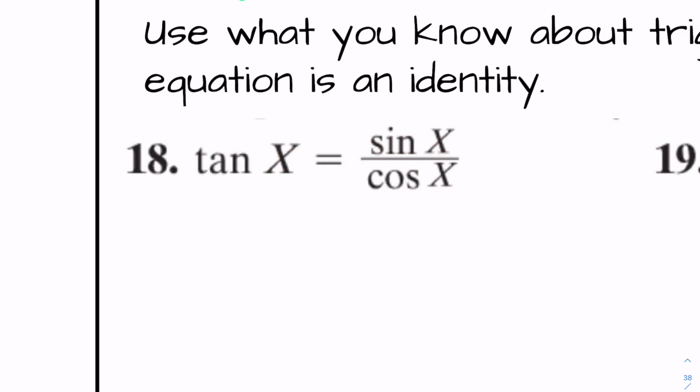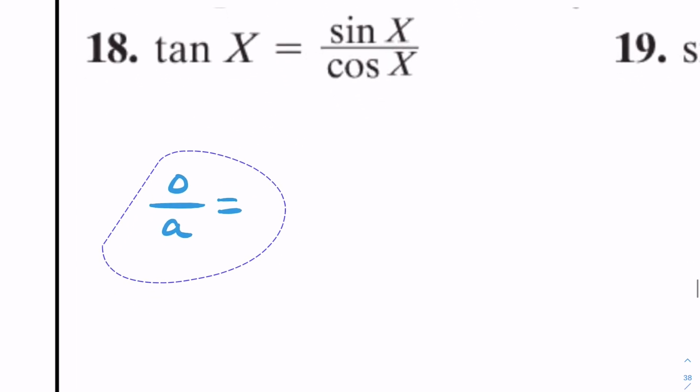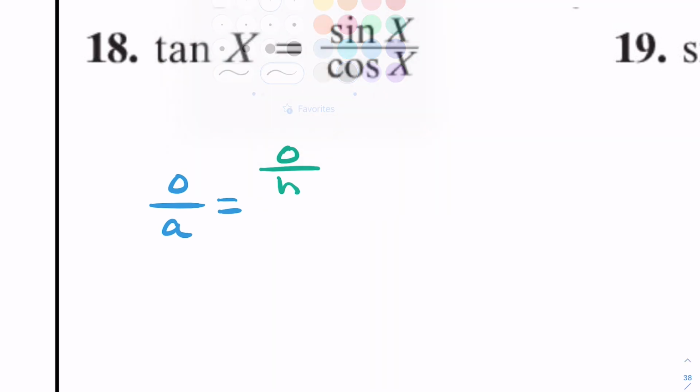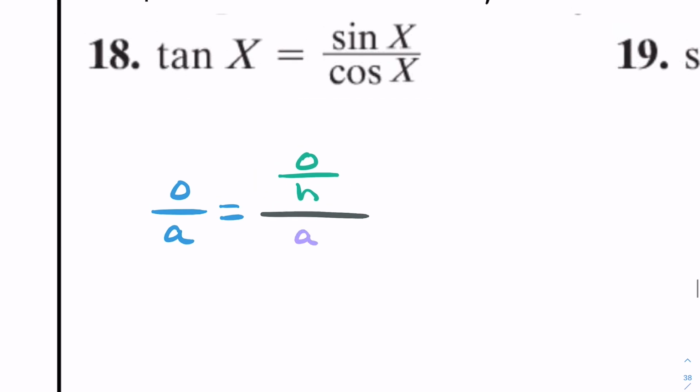What is tangent? Tangent is the opposite over the adjacent. And here, what we have is sine, which is opposite over hypotenuse. And then we have cosine, which is the adjacent over the hypotenuse.